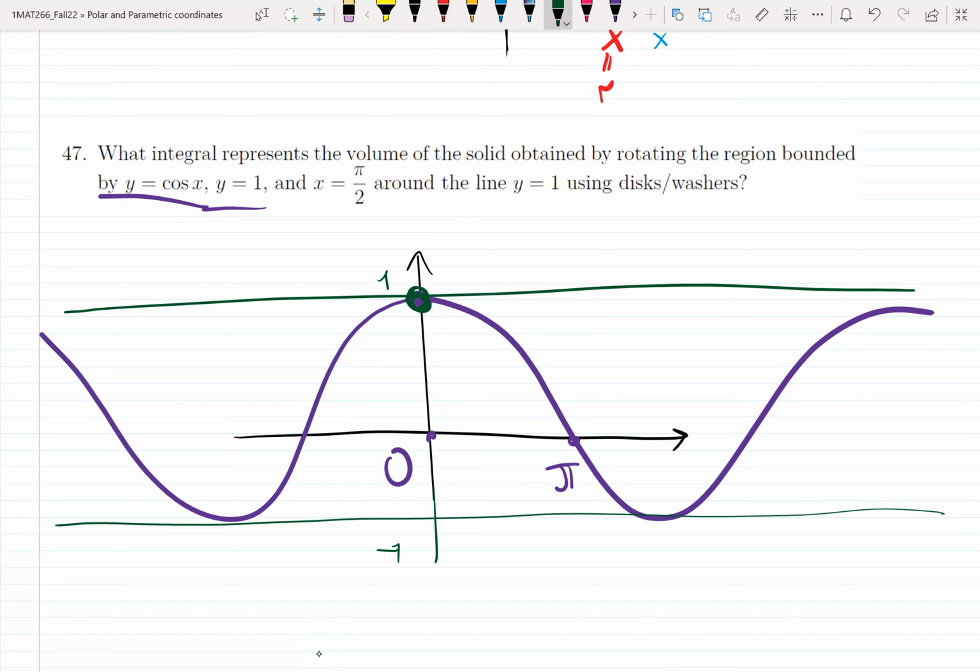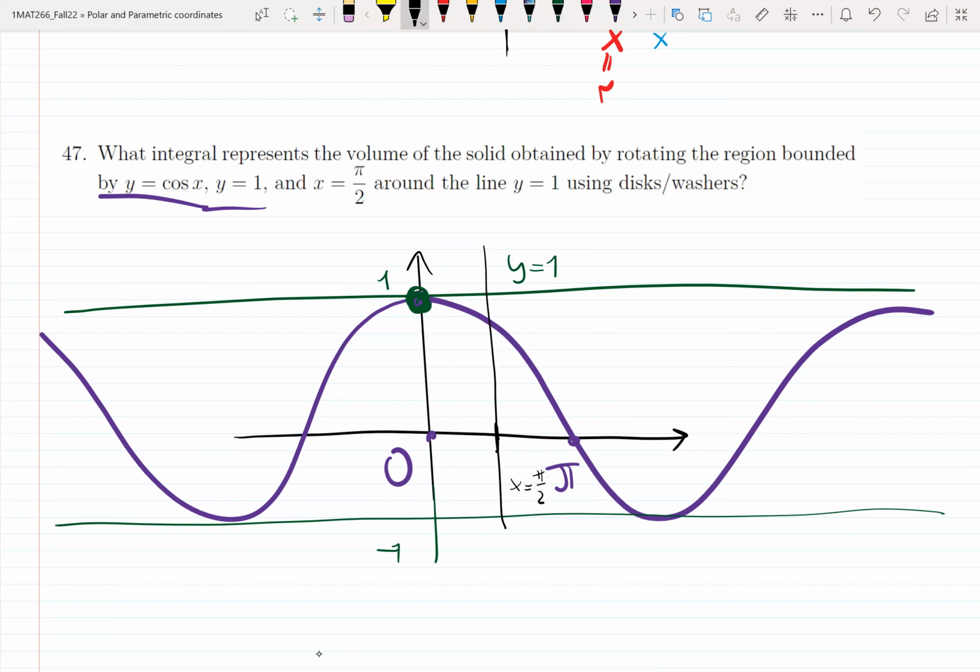So this is the line y equals 1. Okay, good. And x equals pi over 2. Pi over 2 is halfway over here, like so.